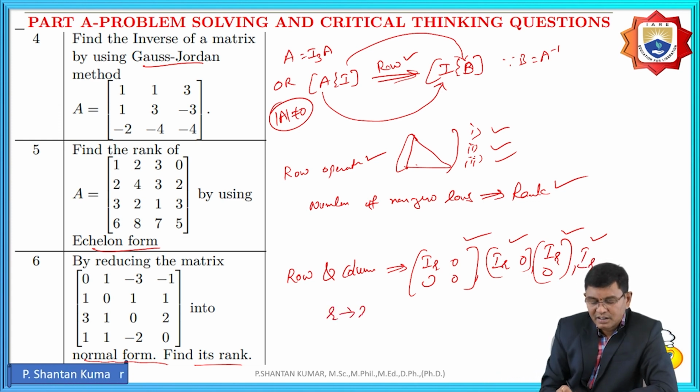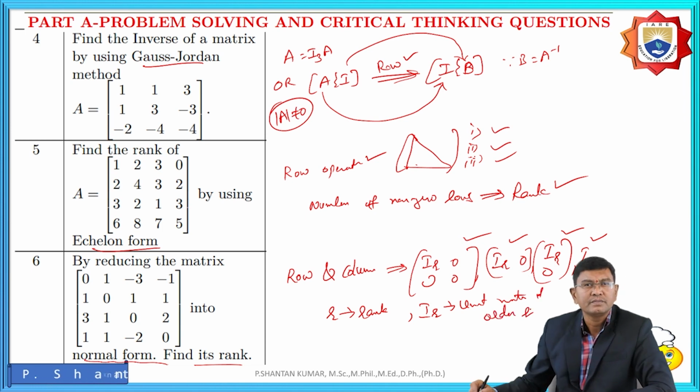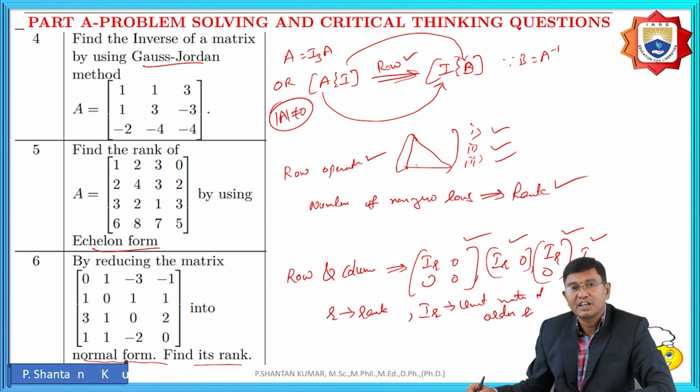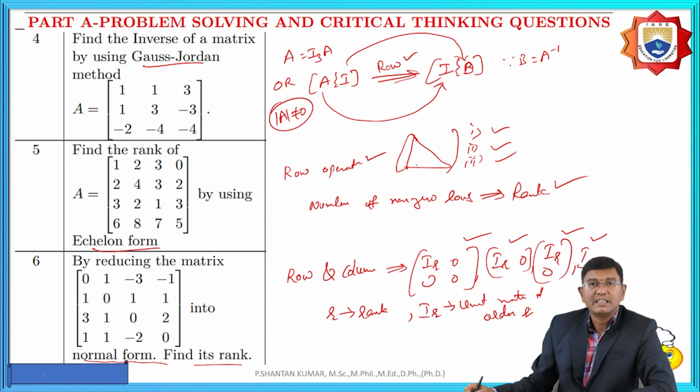Here R is the rank of the matrix, and Ir is the unit matrix of order R. This is the procedure to find the normal form. And based upon this, we need to find the solutions.